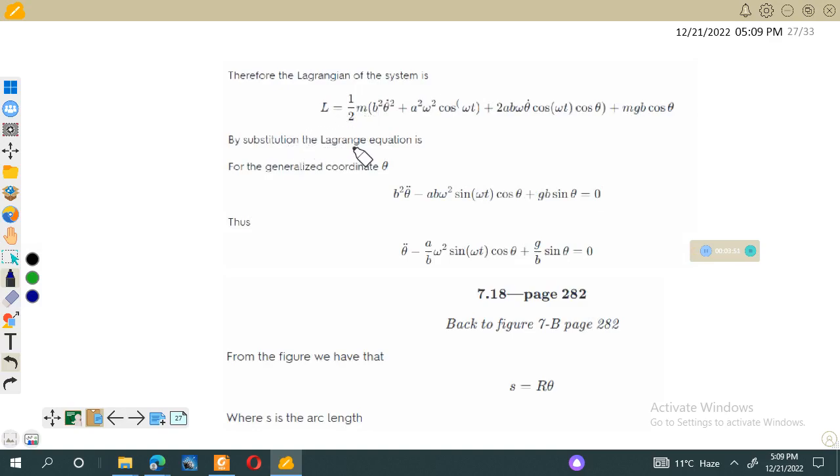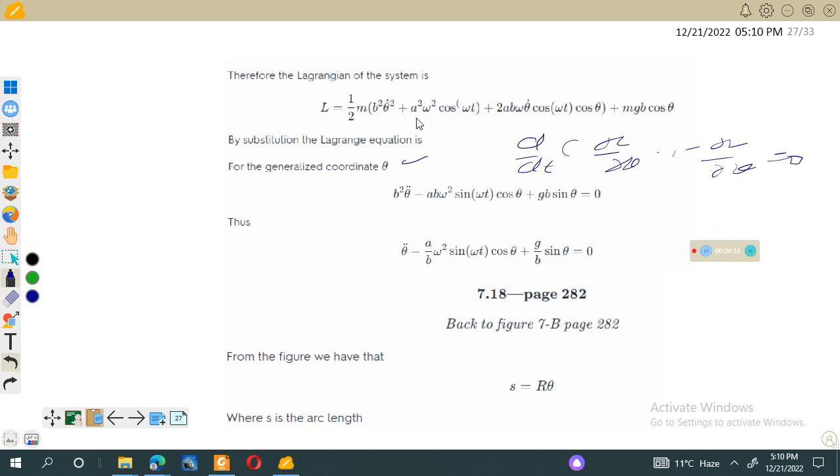If we have the Lagrangian, we can put it into the Lagrange equation, and it will give us the equation of motion for the coordinate theta: d over dt of partial L over partial theta dot minus partial L over partial theta is equal to 0.